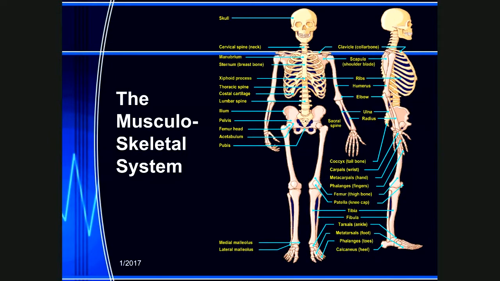You have ribs, you have the sternum, then on the lower extremities, you have the pelvis, you also have the femurs, a right and left femur, and then you have the tibia and the fibula, the tibia being the larger of the two lower leg bones.